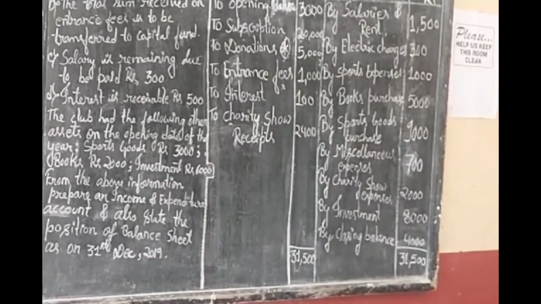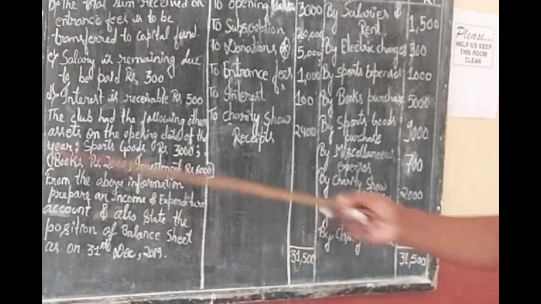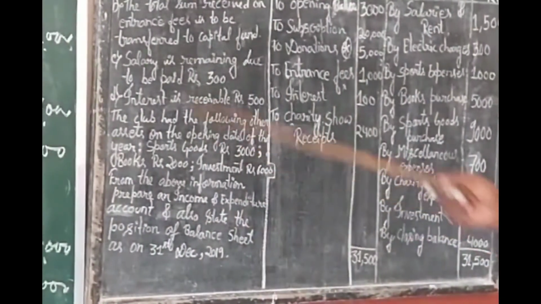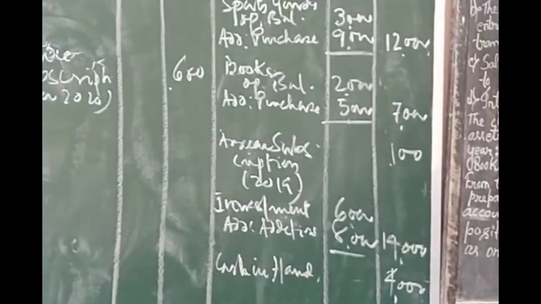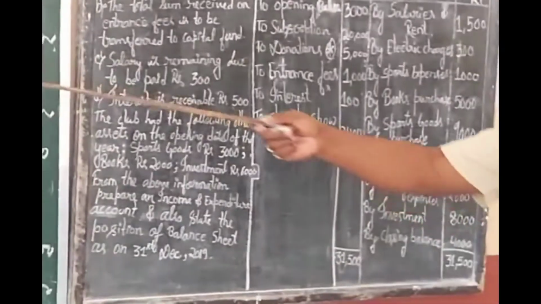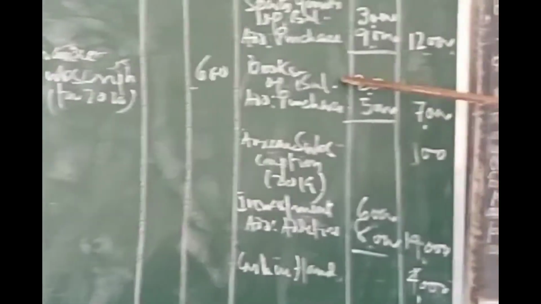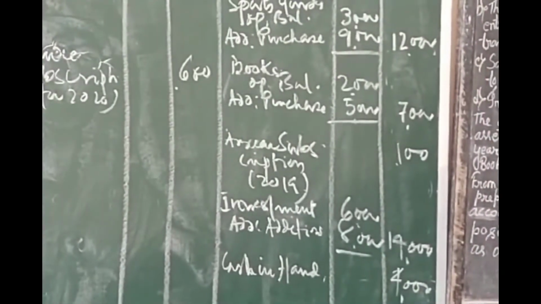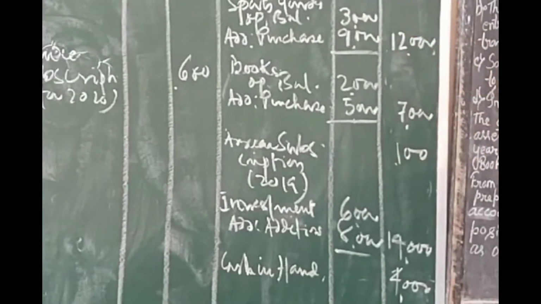Now charity show expenses and miscellaneous have gone to the income and expenditure account. Sports goods purchase 9,000, and you had the opening sports goods of 3,000, so it is total 12,000. If depreciation is given, that would have been deducted over here, and depreciation will go to the income and expenditure account. But it is not given in this problem.